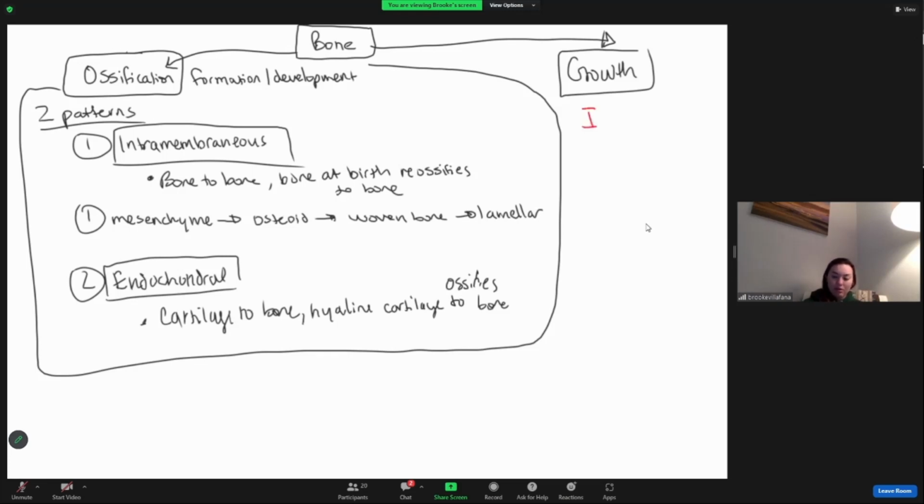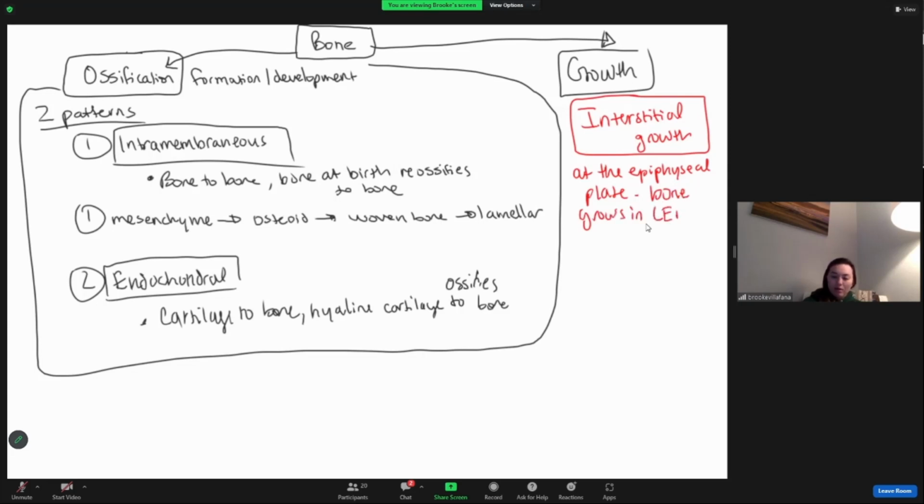So we have interstitial growth in bone. And interstitial growth in bone is growth at the epiphyseal plate. You remember that that's at the metaphysis. So this means that the bone grows in length. If you guys remember in cartilage, so I'll draw a little note here.